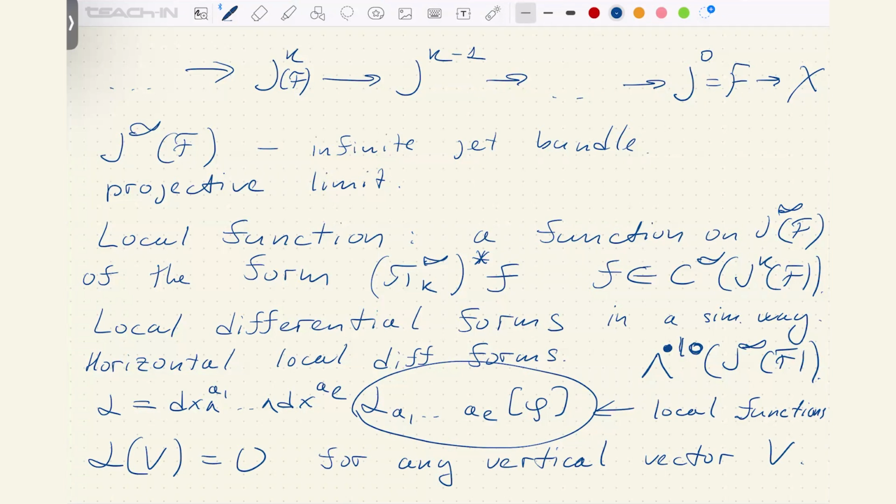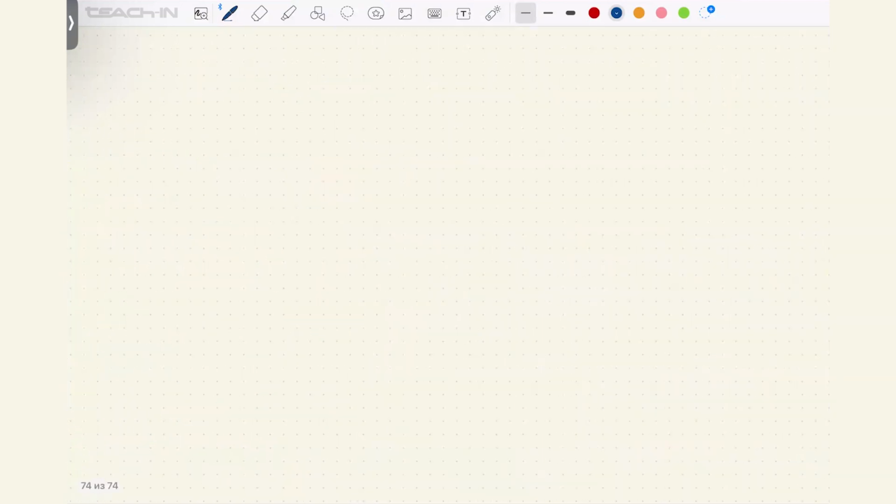It doesn't have components along the base, so it doesn't contain d over dx. That's why this holds. Okay, for instance, of special importance are horizontal top forms.